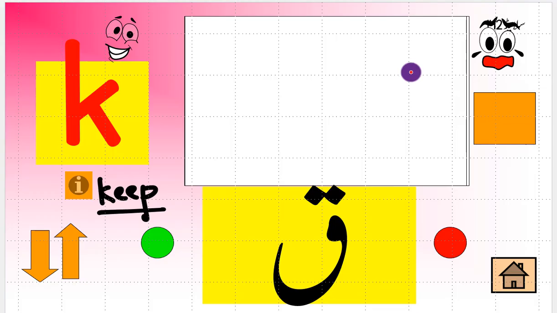That's ka. When we write, we do not write something like this, because we aren't able to make this with the help of this pointer. So what we basically do is write it something like this: we make a circle, then we go down and go up and put 2 dots up. That's how we write the ka with the pointer.